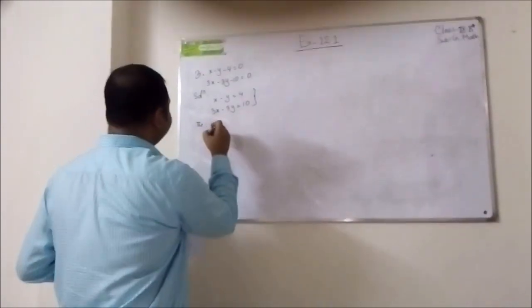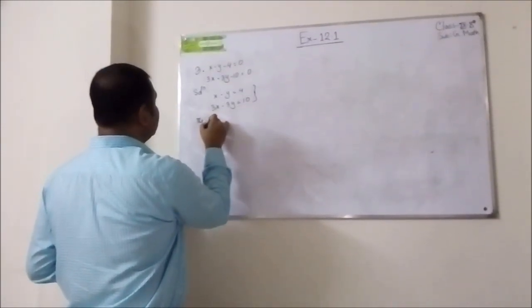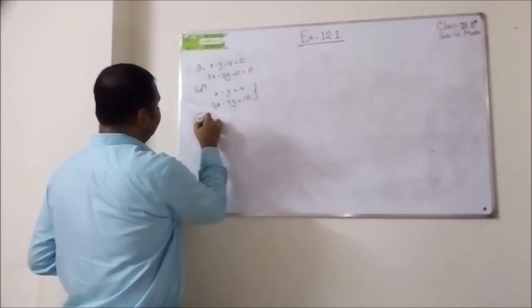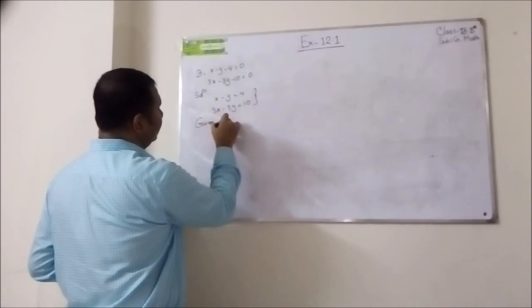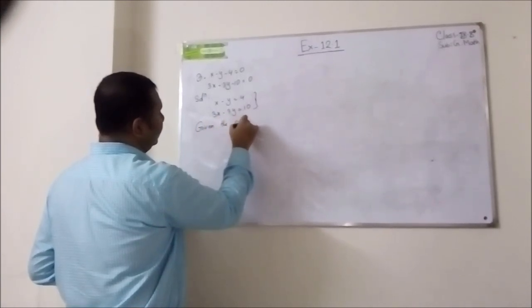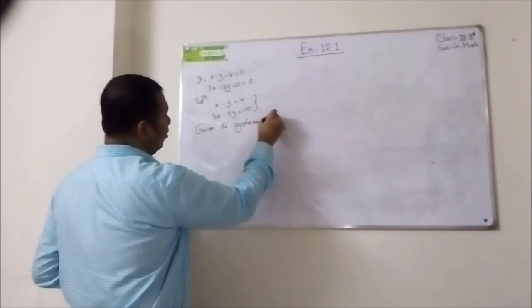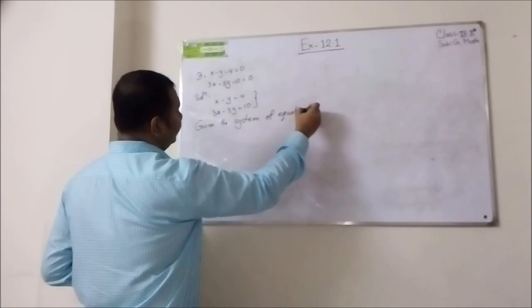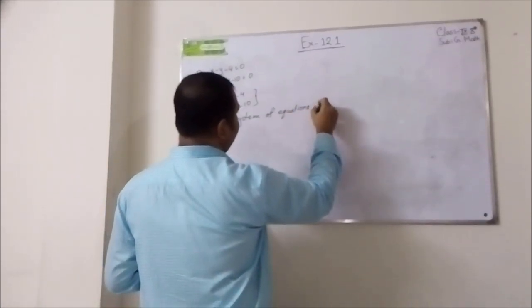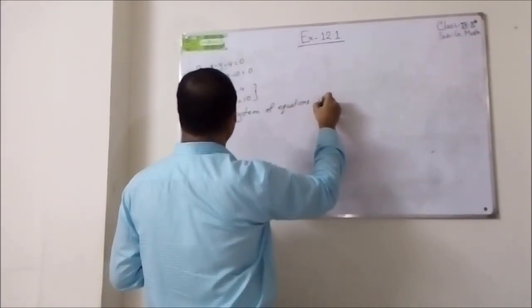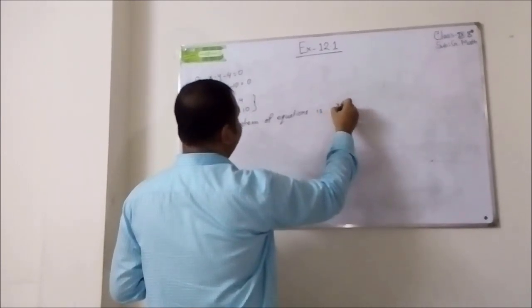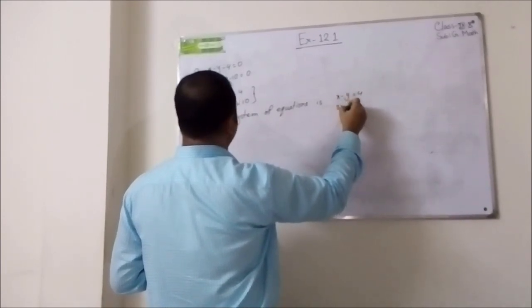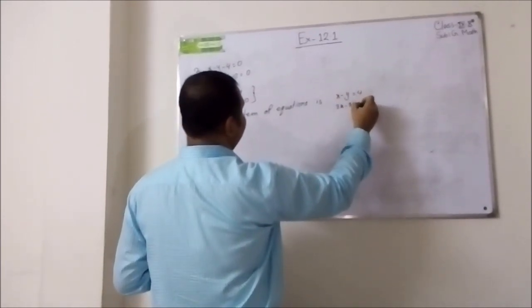The given system of equations is x minus y equal to 4, 3x minus 3y equal to 10.